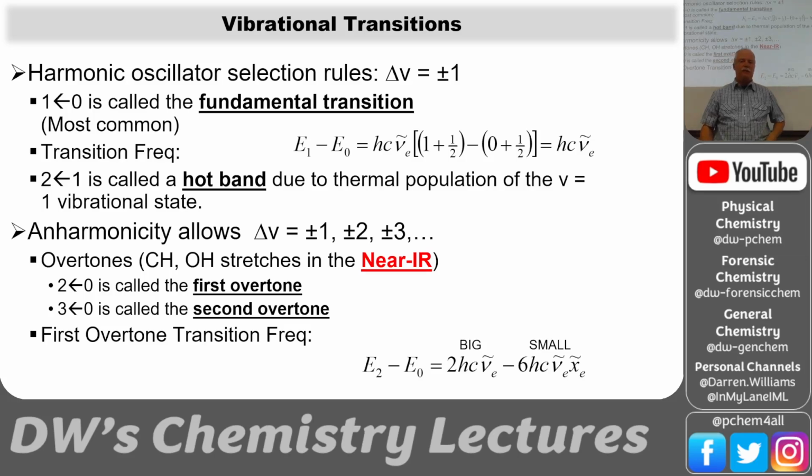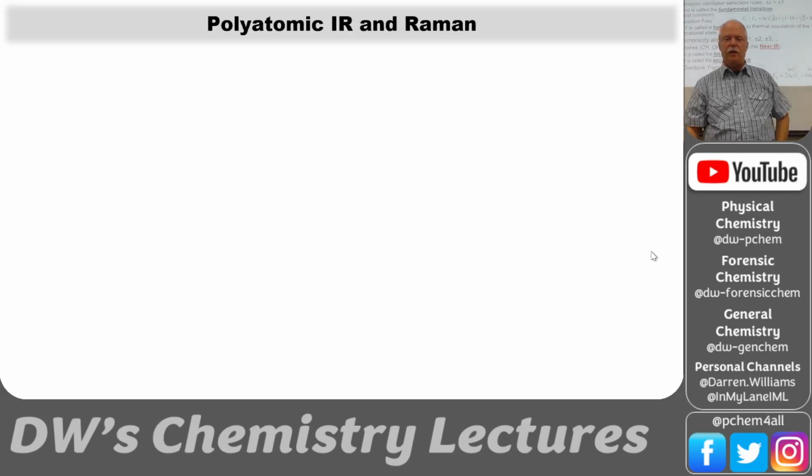So typically it's very close to twice the frequency. If the CH stretch is at 3,000 wave numbers, then the first overtone is going to be at 6,000 wave numbers, and the second overtone will be at 9,000. So just add up however many levels you're jumping.